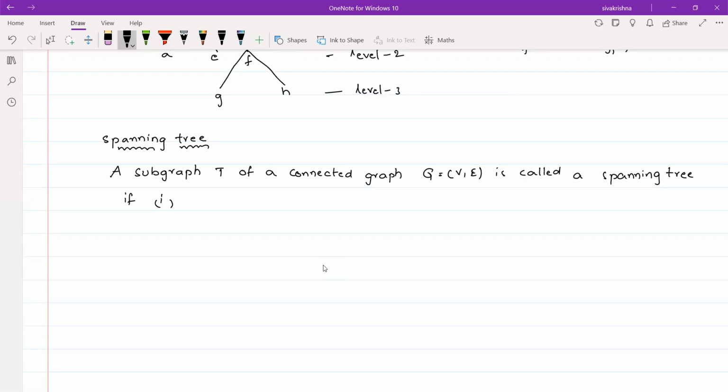The first one is T is a tree. T is a tree. That is the first condition.